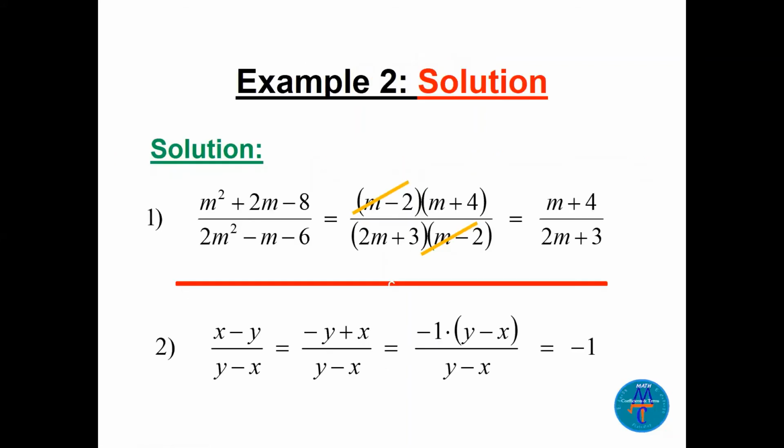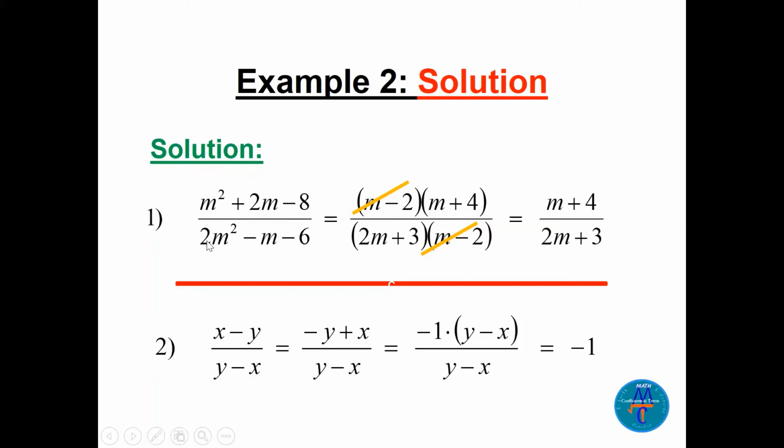Okay, good. So the first one is a trinomial here, m squared plus 2m minus 8. Because the leading coefficient is 1, we factor m minus 2, m plus 4. Two numbers whose sum is 2 and whose product is minus 8. Now in this one the leading coefficient is not 1.